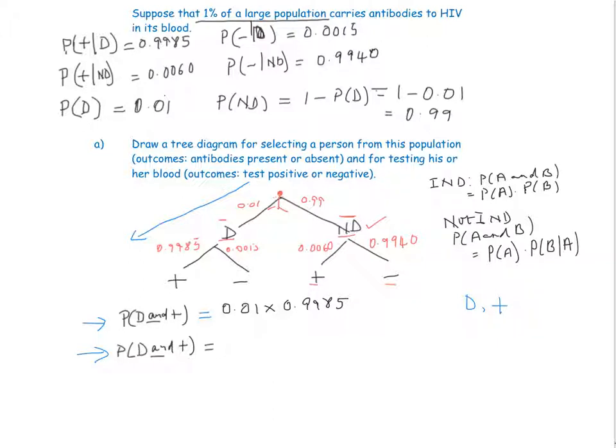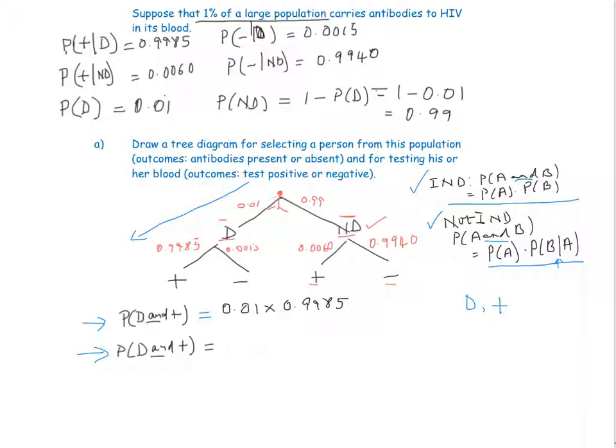So if the two events are independent, then we use the rule of multiplication, which is probability of A and B is probability of A times the probability of B. If the two events are not independent, then we have to use the other multiplication rule, and that is probability of A and B is probability of A times the probability of the second event B, but then we have to consider that the first event happened.